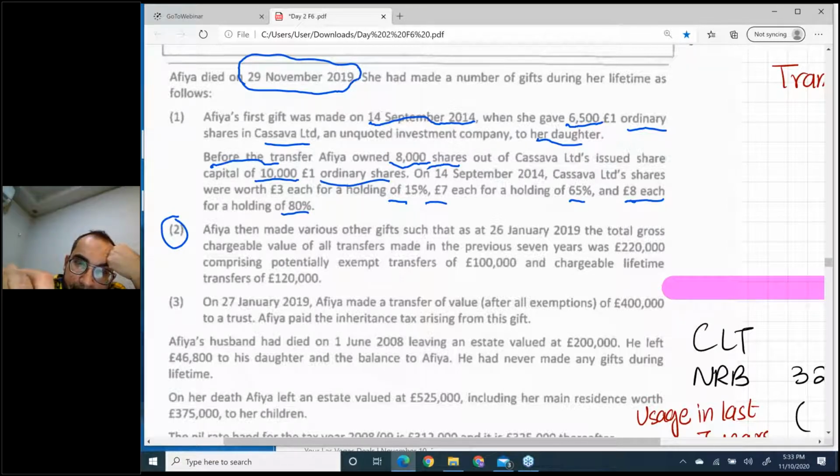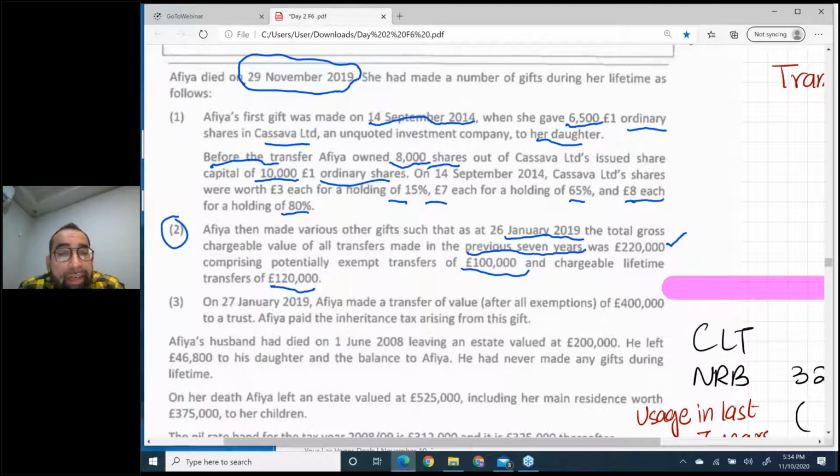ACCA then made various other gifts, such as at 26 January 2019, the total gross chargeable value of all transfers made in the previous 7 years was 220,000, comprising a potentially exempt transfer of 100 and a chargeable lifetime transfer of 120. I have a question.